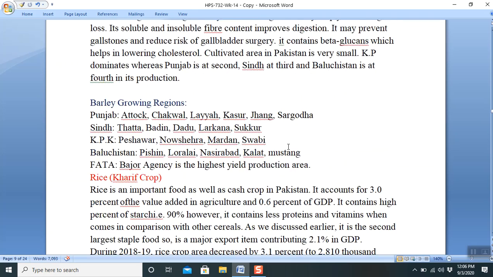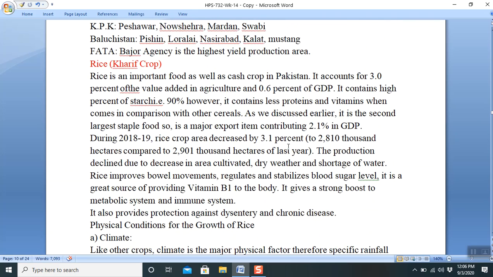Next is barley and rice. Another very important crop is rice. Rice is an important food as well as cash crop for Pakistan, and it is 0.6% of the entire GDP.